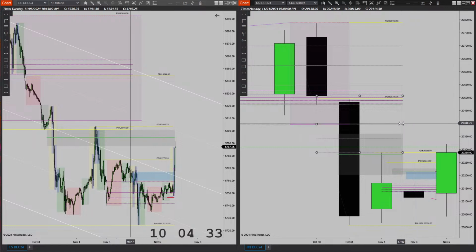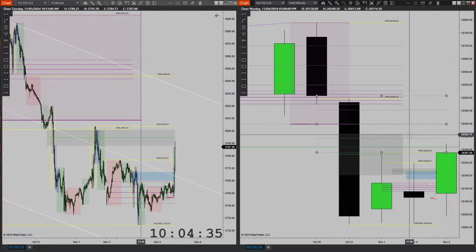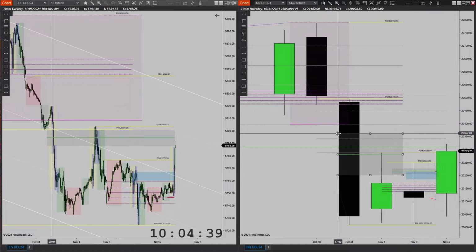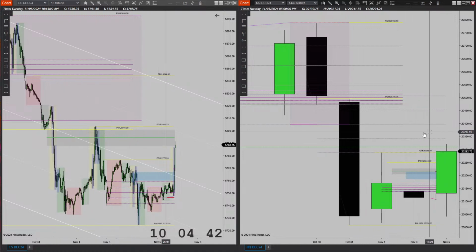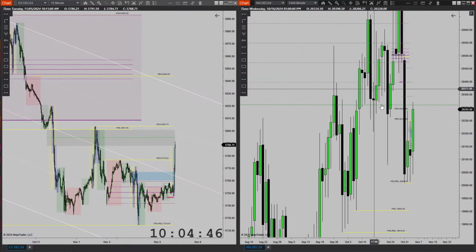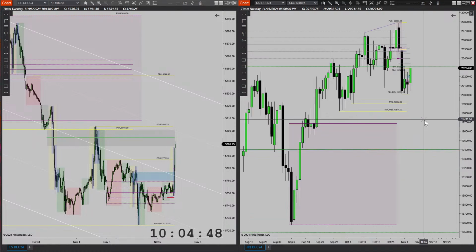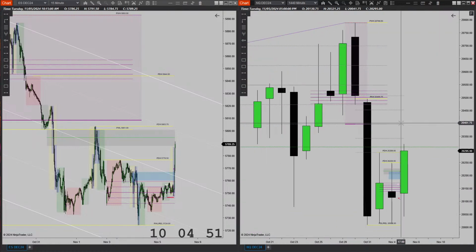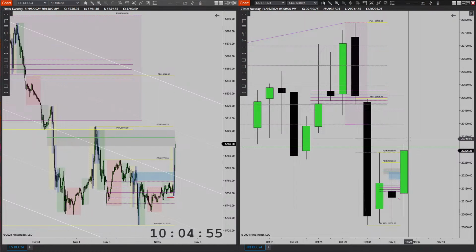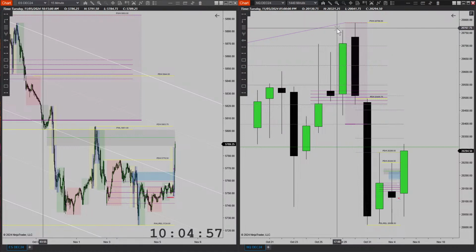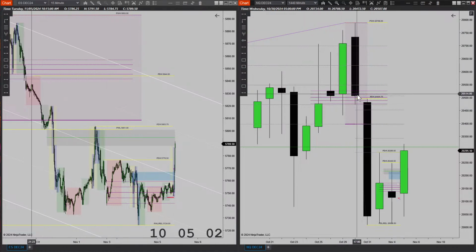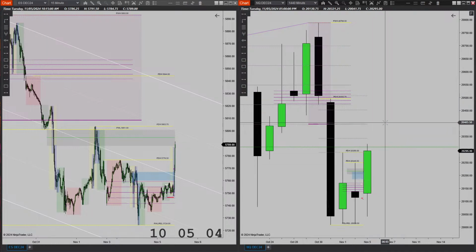Right there. There we go. 50% lands exactly in the middle of the gap there.